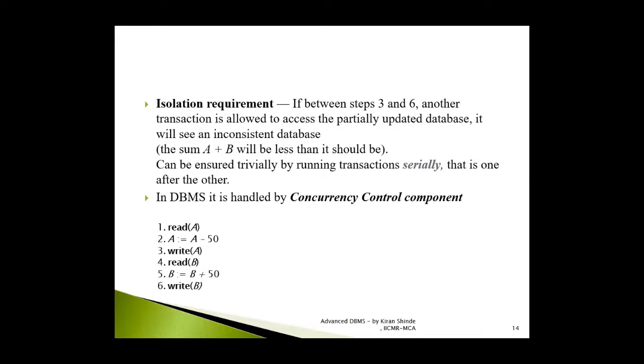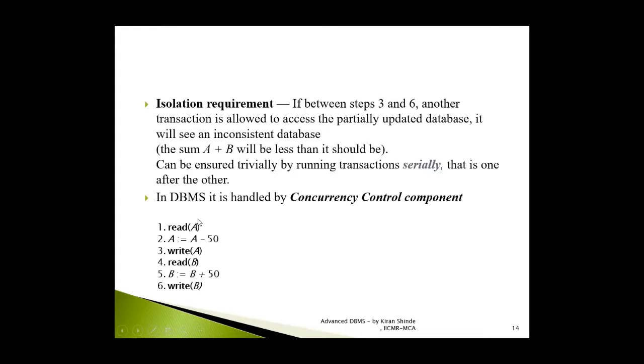But if between step 3 and step 6, you can see from here, write A and write B, another transaction is allowed to access the database, the value it will read will be a partial value, because before write B, it is trying to read the value of read B. So here the sum A plus B will be less than it should be, because it is happening before step 6.